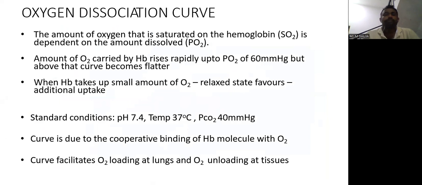Then the oxygen dissociation curve. The amount of oxygen that is saturated on the hemoglobin mainly depends on the amount dissolved. The amount of oxygen carried by hemoglobin rises rapidly up to a partial pressure of oxygen of 60 millimeter mercury. But above that, the curve becomes flatter.